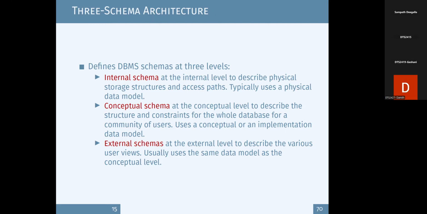The conceptual schema, at a very high level, will describe the structure and the constraints, and it uses either a conceptual or implementation data model. Then you will have the external schemas, the external level, with various user views. A user view means you might have data separated into, let's say, tables, but you can combine some of them together. For example, we can keep the students and their courses together as a separate view.